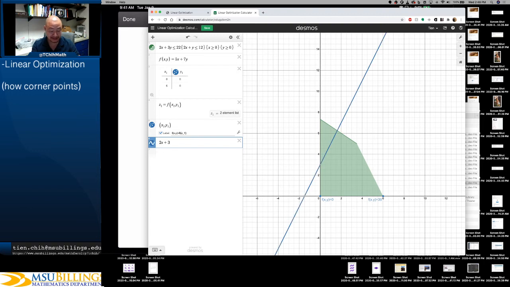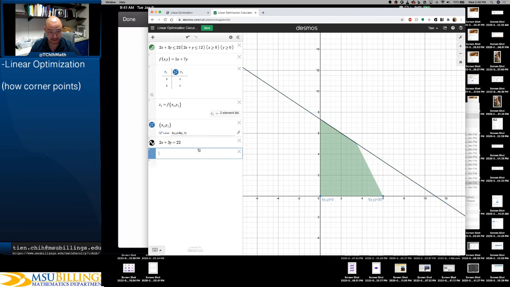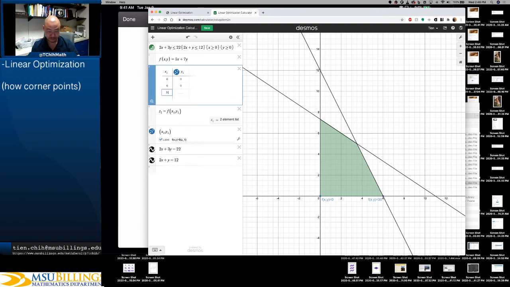I can put in my linear bounds, and I prefer black for this purpose. 2x plus 3y is equal to 22. 2x plus y is equal to 12. And I can see there, yes. That corner point here has to be 3.5 for x, 5 for y. And so I eyeballed it, and that did look right, but it's good to be sure.